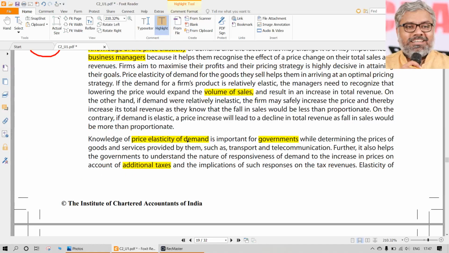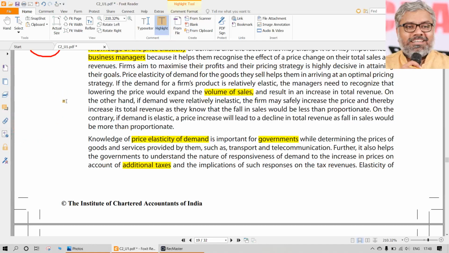Definitely not, because they know that the price elasticity of demand for tobacco products is very low, since people are habituated to that. When the price elasticity is low, it means the price of the commodity can be increased further without much impact on the demand.